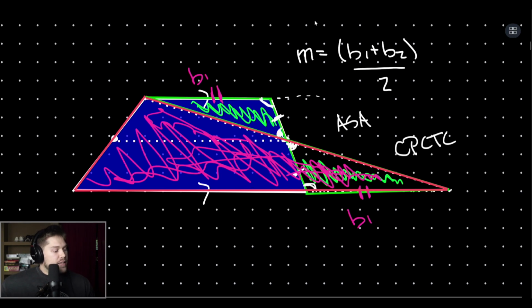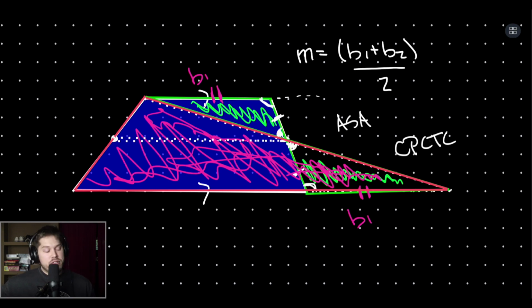So our mid-segment, again, this line here, well, what is it? It's also the midsegment of this pink triangle. And it might have been a long time since you've used this theorem. I have another video on it that will be linked in the description below.